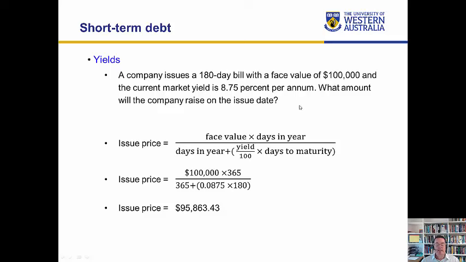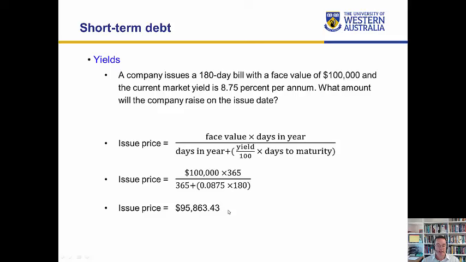So what is the issue price of this discount security? Well, it's quite a complex formula here, but don't worry about the formula itself. We're focusing on understanding how these securities work rather than being able to reproduce these sorts of numbers. You wouldn't be expected to do that. But if you plug the relevant numbers into this formula, you get an issue price of $95,863.45.